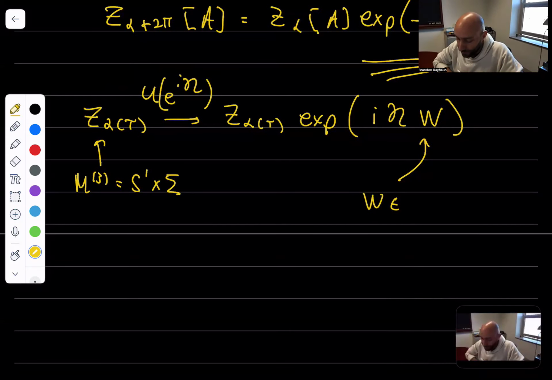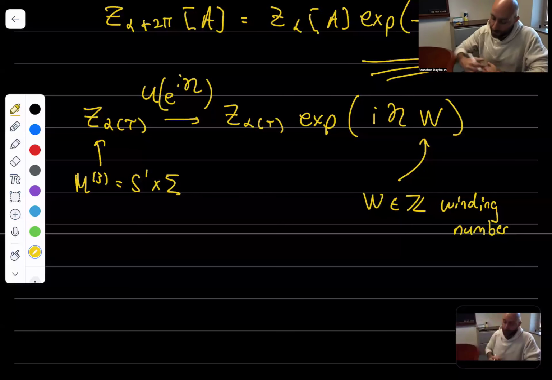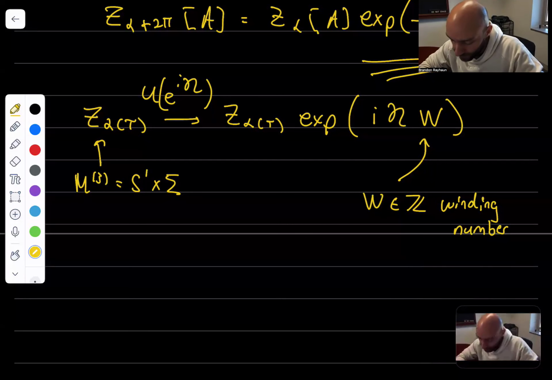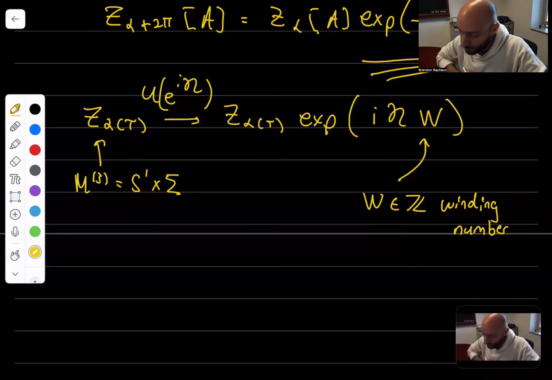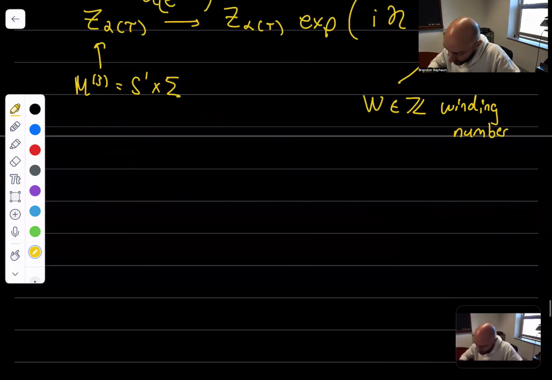So in particular, then I can allow this defect parameter to wind along the thermal circle. And let me call W the winding number, so it's an integer. So if you give the defect parameter a topologically non-trivial profile, then you violate this U1 magnetic symmetry. So this is sort of like detecting the anomaly the other way around. Okay, so that's the notion of an anomaly in the space of coupling constants, or defect coupling constants.